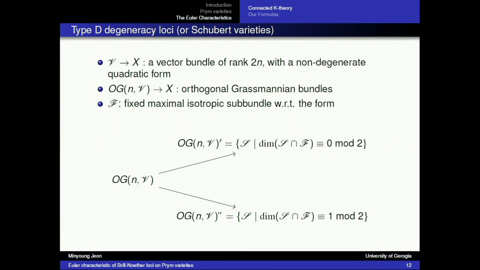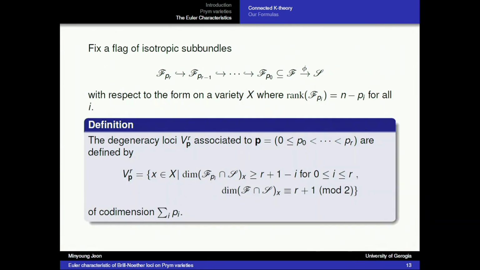V is a rank 2n vector bundle with a quadratic form, and OG means the orthogonal Grassmannian, and the orthogonal Grassmannian has two disjoint connected components depending on the parity, and the degeneracy locus, or the orthogonal Grassmannian Schubert variety in type D, is given by the dimension condition on the intersection of this maximal isotropic subbundle with the isotropic flag like this one.